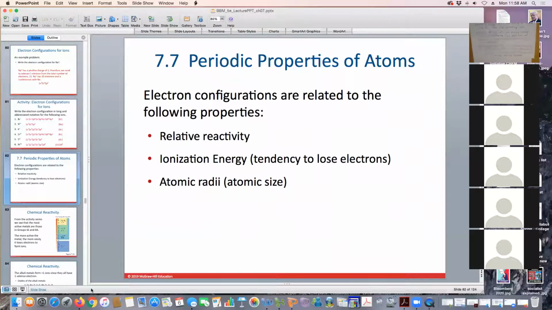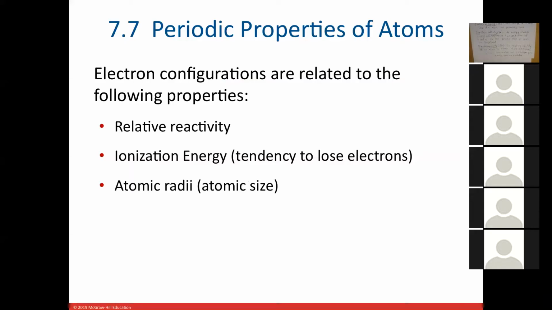Periodic properties. Okay. So let's just kind of run through. Electron configurations are related to the following properties. Relative reactivity, how reactive an atom is, right? Ionization energy, the tendency to lose electrons. The atomic radii, which also, the radius is exactly proportional to the size, right?